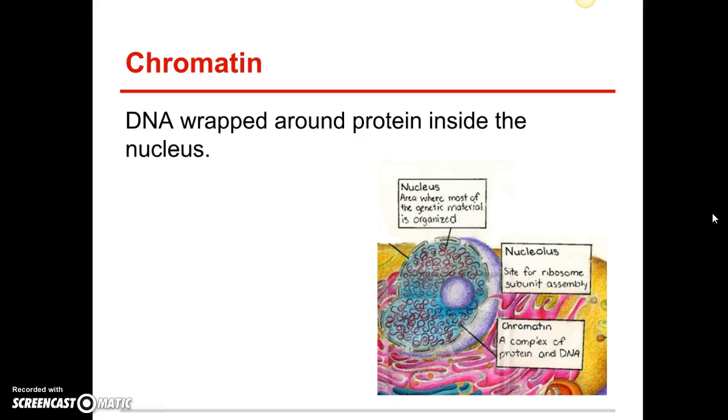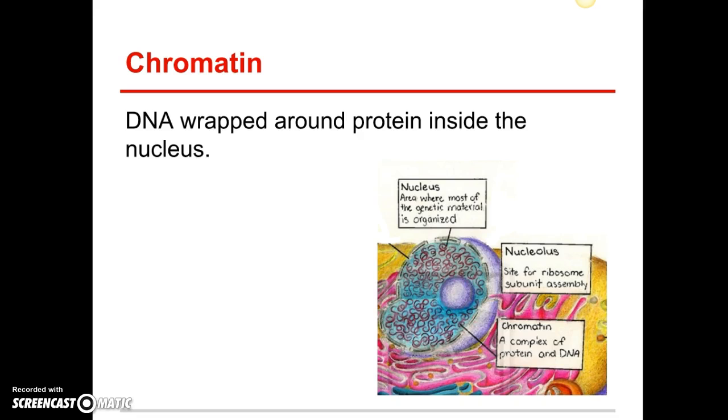Now, smaller than chromosomes is chromatin. Think of it like a ball of yarn. A ball of yarn, you guys, think of the string as your genetic information. So you have all of this information and it's all wrapped up into this teeny tiny little package. That's what chromatin is. Chromatin's almost like a roll of toilet paper.